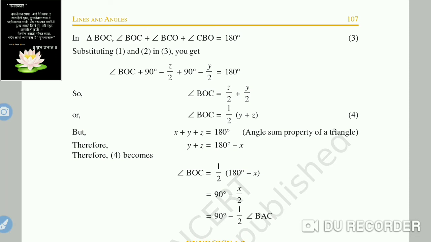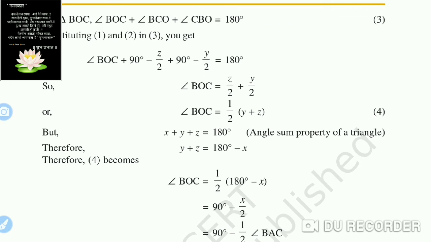BOC will be as it is. So 90 plus 90, 180. So angle BOC is equal to minus Z by 2 will become plus, minus Y by 2 will become plus. And here 180 and 180 will be cancelled. So angle BOC is equal to Z by 2 plus Y by 2. Denominator is the same. So BOC is equal to half into Y plus Z.